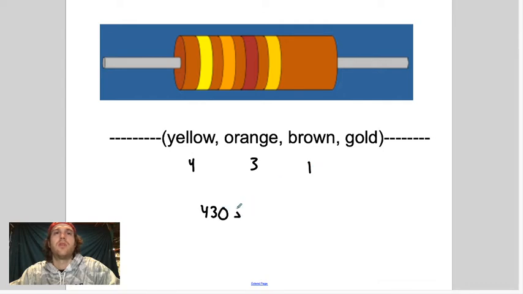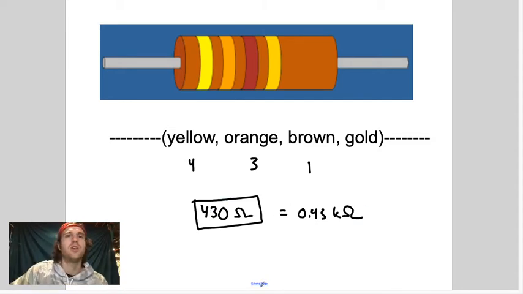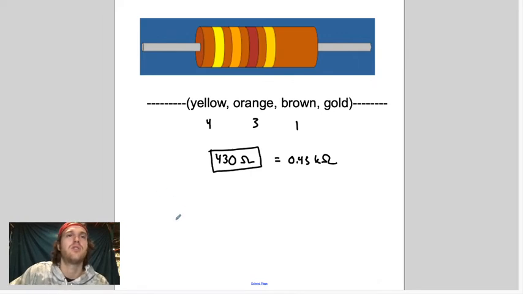It's 430 ohms. Okay, so we don't need to convert this. That is a perfectly acceptable unit to write it that way. You could write it as 0.43 kilo ohms if you wanted to, but this is just fine. And they're both the same. Either is acceptable.